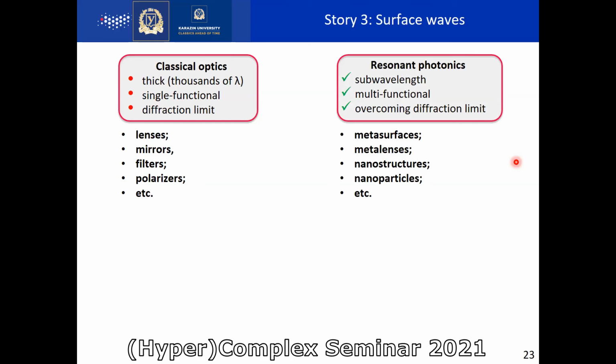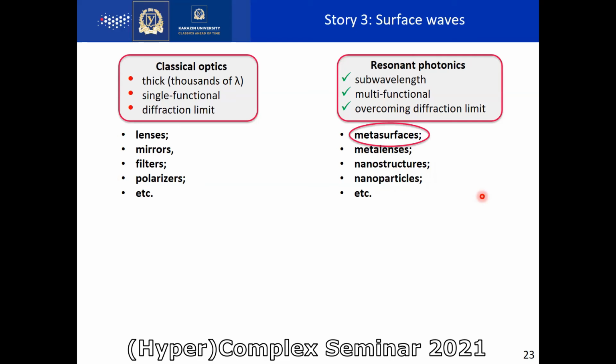It emphasizes the emergence of resonant photonics, which uses structures much thinner than the wavelength, multifunctional structures which can overcome some fundamental limits, such as the diffraction limit, by using evanescent fields. And the resonant photonics platform consists of metasurfaces, metalenses, different nanostructures, and nanoparticles.